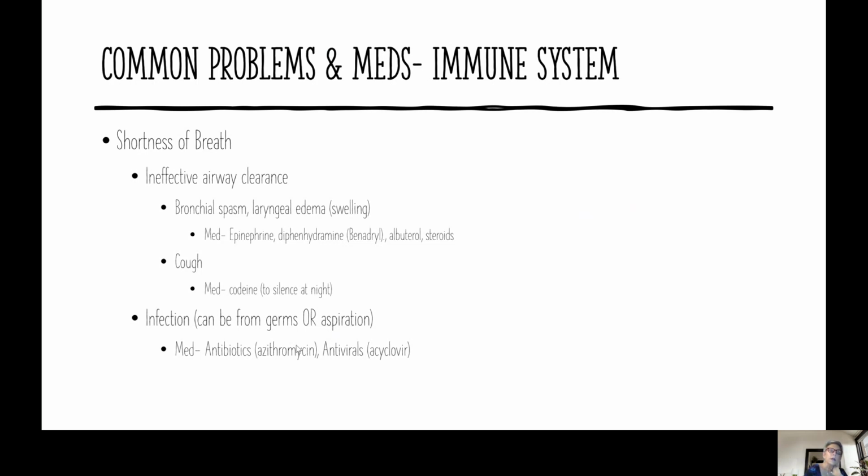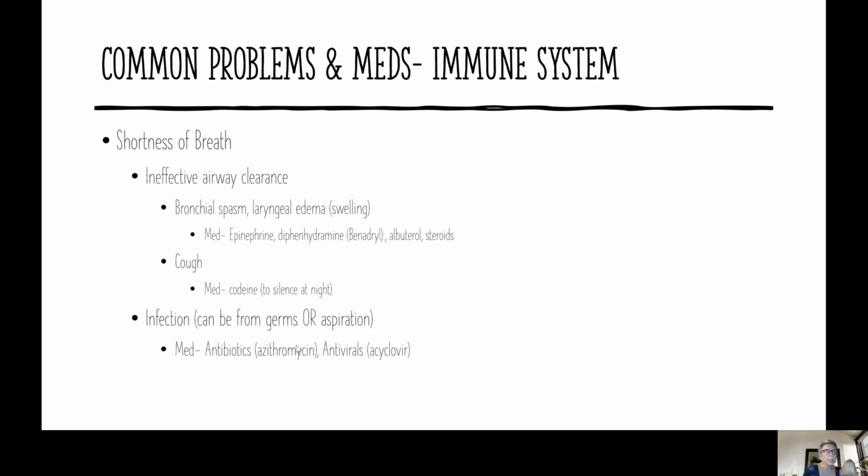Other things to thin it down. If it's a productive cough and you've got a lot of sputum, you may get guaifenesin to help liquefy it. So with that, does that necessarily mean that you have an infection? No, it doesn't. However, you can also have infection as the cause of shortness of breath. And that can come from germs or even aspiration.